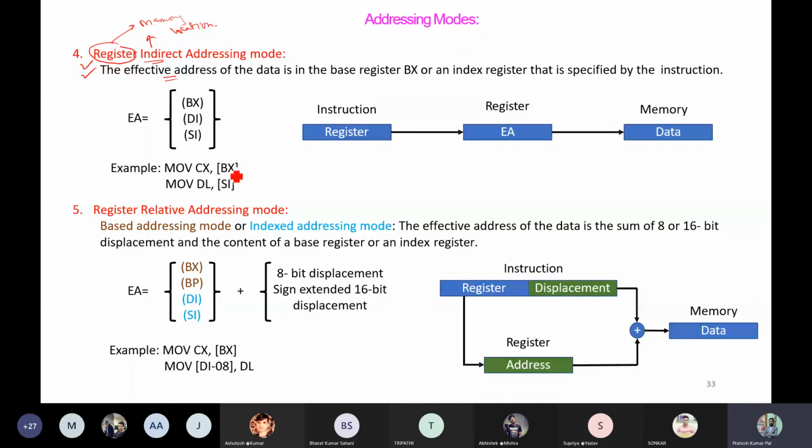That means this BX is indicating the memory location. So this is the effective address. In the instruction, the effective address of the data will be given, and that effective address will be in the form of BX, DI, and SI.